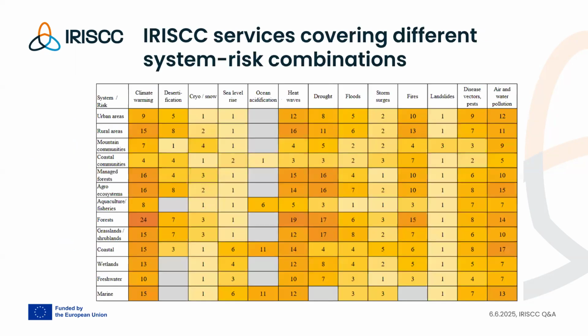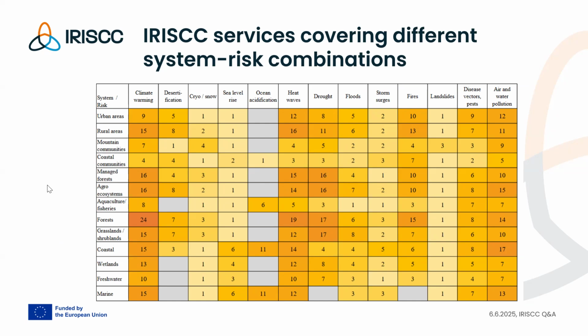This is just a showcase of the amount of services that we are offering, covering different kinds of fields, like natural ecosystems, but also societal aspects and others. And here are the different risk combinations that our services offer, just as an example.